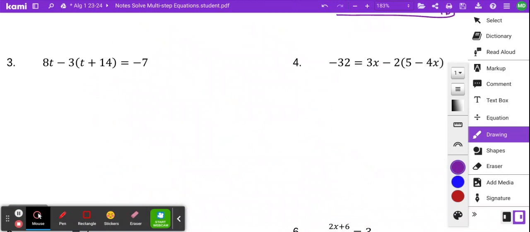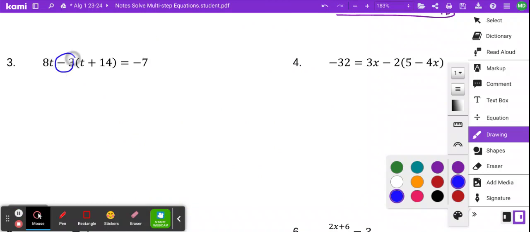Let's take a look at numbers 3 and 4. For number 3, we see parentheses. Therefore, that negative 3 in front of those parentheses gets distributed to both terms inside the parentheses. So we're left with 8t, negative 3t, minus our 14 times our negative 3 to be a negative 42. And combine like terms.